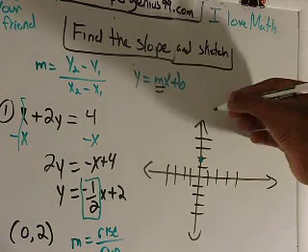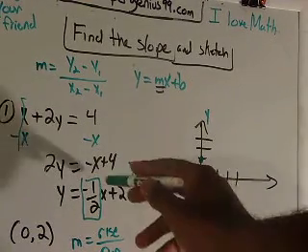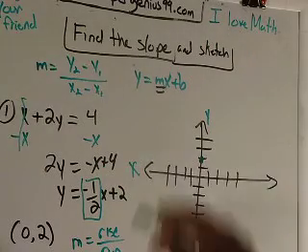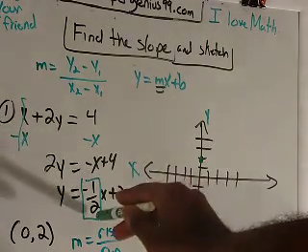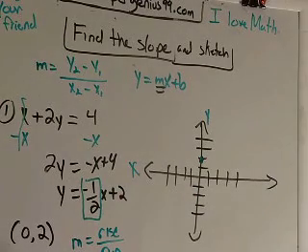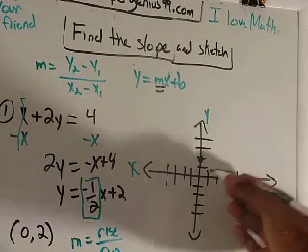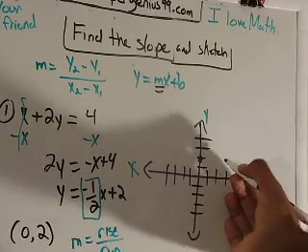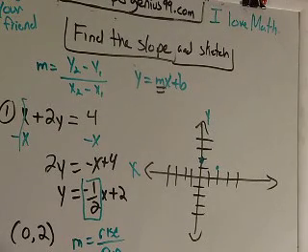And so remember, your coordinates are y and x. Negative 1 tells me to find another point in this function, I need to go down 1 and then to the right positive 2. So I'm going to go down 1, to the right positive 2. And that's another point. And then I can repeat that step to find another point.